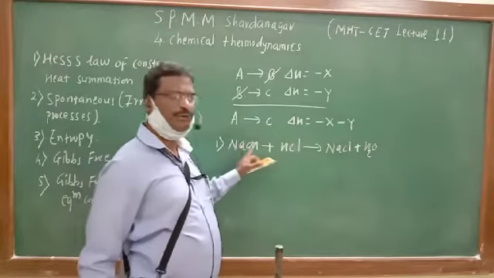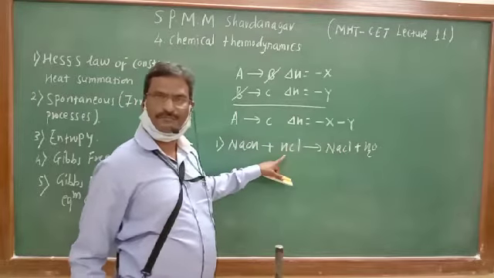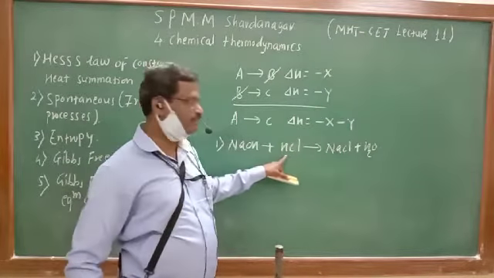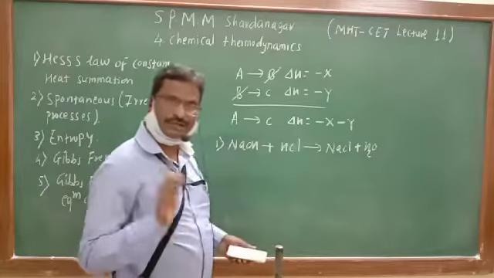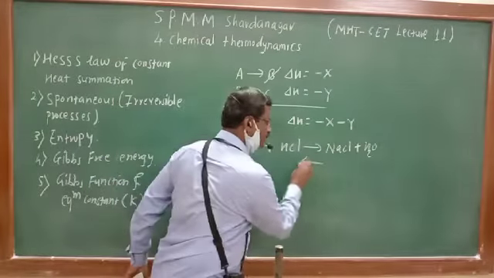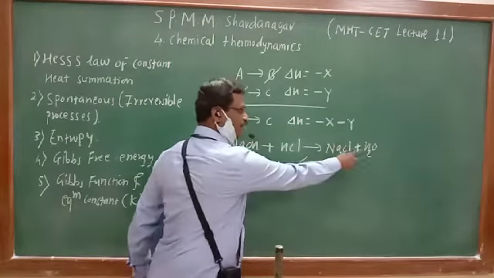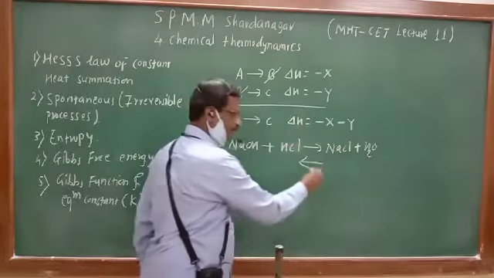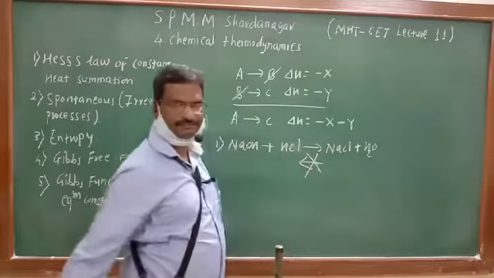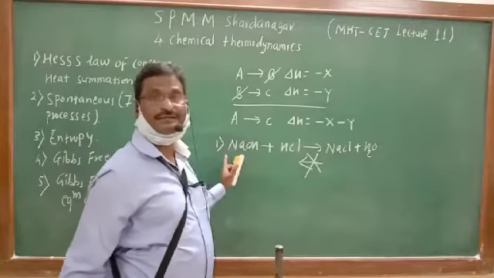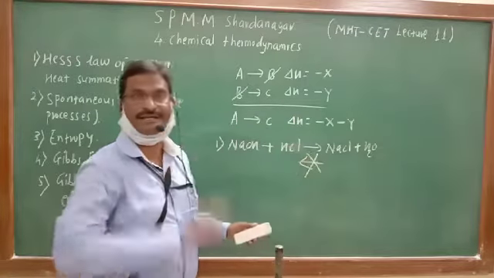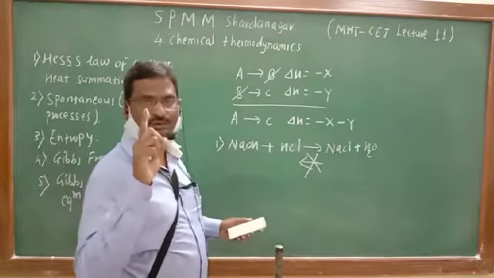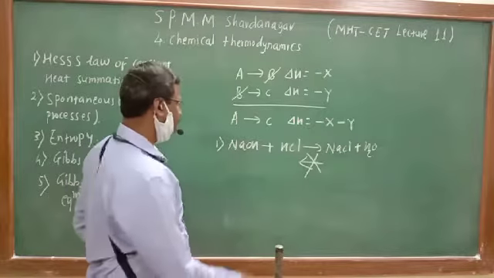As soon as NaOH and HCl are added together, immediately they will form NaCl and water. But the backward reaction of NaCl plus water to give these reactants is not possible. Therefore, this is known as a forward spontaneous reaction taking place in only one direction.